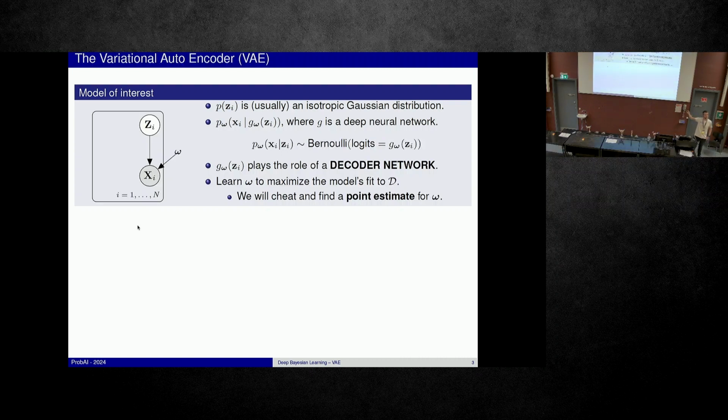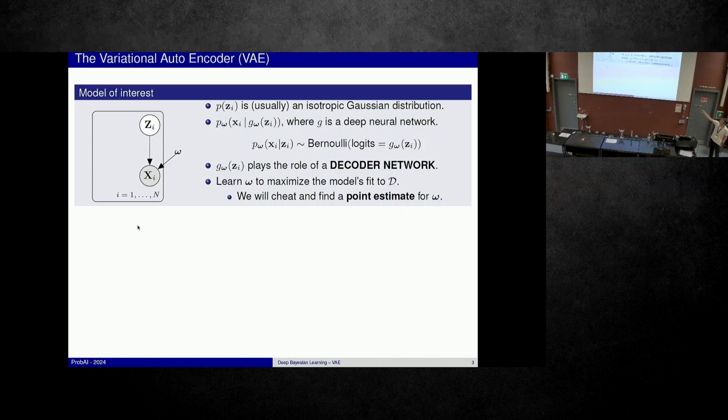So Zi here is a vector, a collection of latent variables, and Xi, again in boldface, is a vector of observation variables that you have. And then you have a distribution between the Zi's and the Xi's, and that distribution is parameterized by some parameters omega that is placed outside this plate because it's shared between all our data instances.